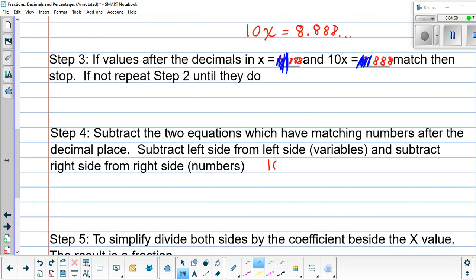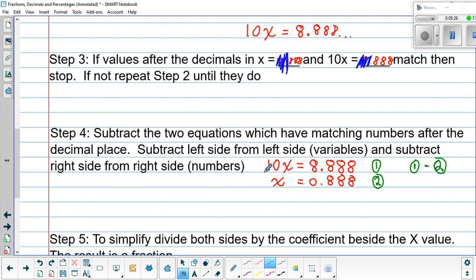Here we have 10x equals 8.888, and we have x, which is equal to 0.888. If we call this equation 1 and this equation 2, we are going to do 1 minus 2.